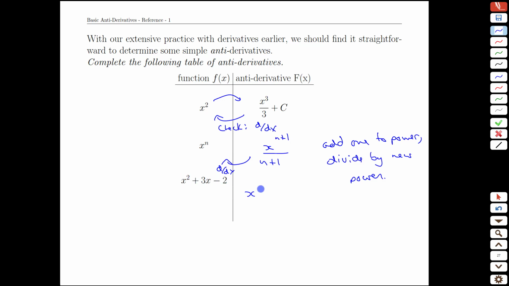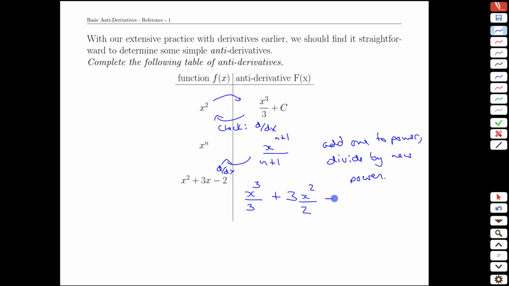If I want to find an antiderivative of x squared plus 3x minus 2, it'll be add 1 to the power, divide by the new power. And then I would add in, well, 3 multipliers, any multiplier constant, we can just keep around, and then find an antiderivative of the x itself. If it's an x already, that's x to the power 1, I would add 1 to the power to get power 2, and divide by the new power.